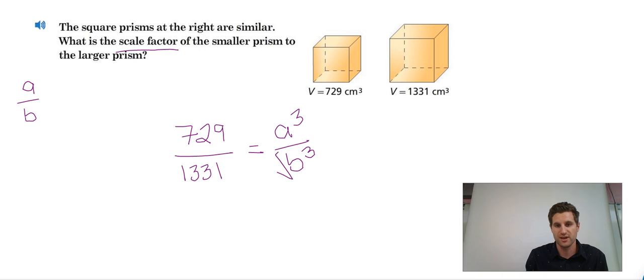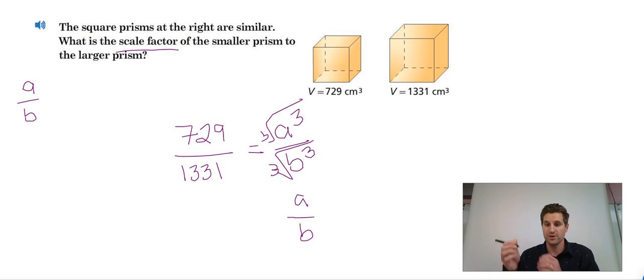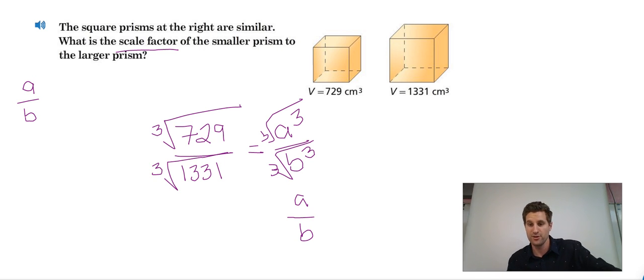So if I want to get rid of that, I have to take the cube root, which you probably haven't seen for a little while. The cube root will get rid of the A to the third power, and turn that into A and B. But whatever I do to one side of the equation, I have to do to the other side. So I'm going to take the cube root of this guy and the cube root of this guy. We're going to use a calculator, and what you're looking for is it has a little 3 in the index.